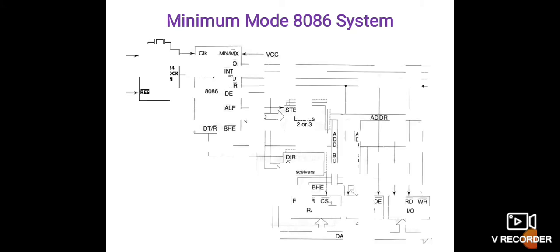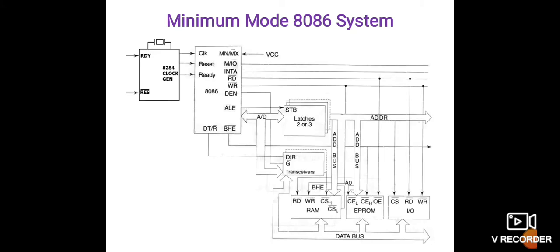In this minimum mode 8086 system, as you could see from this block diagram, the 8086 is interfaced with a clock generator, which is an 8284, which will generate the clock. And here you have the MN/MX pin connected to VCC to support the minimum mode.